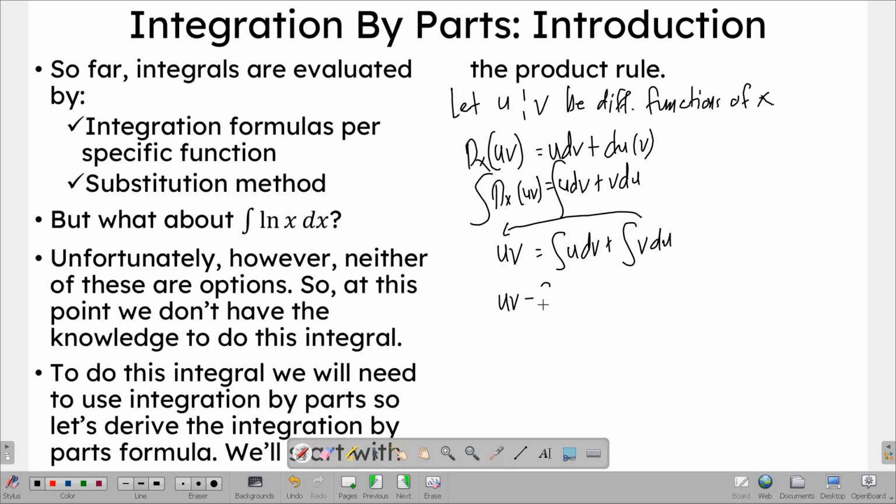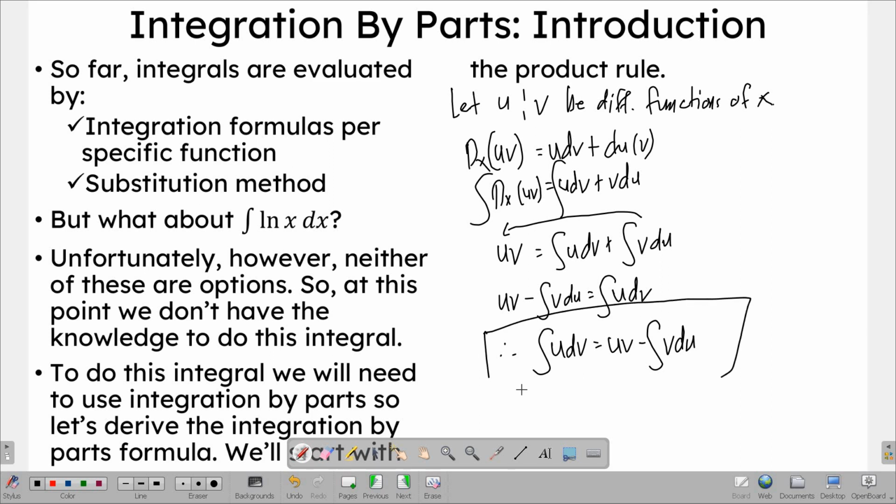So uv minus the integral of v du is the integral of u dv. Hence, the formula for integration by parts is that the integral of u dv is equal to uv minus the integral of v du. Some call it IBP, some just call it by parts. If you notice that we have two functions, one the usual function and one the derivative of another function, then we can separate them, quote-unquote, by parts and use this formula to evaluate the integral.